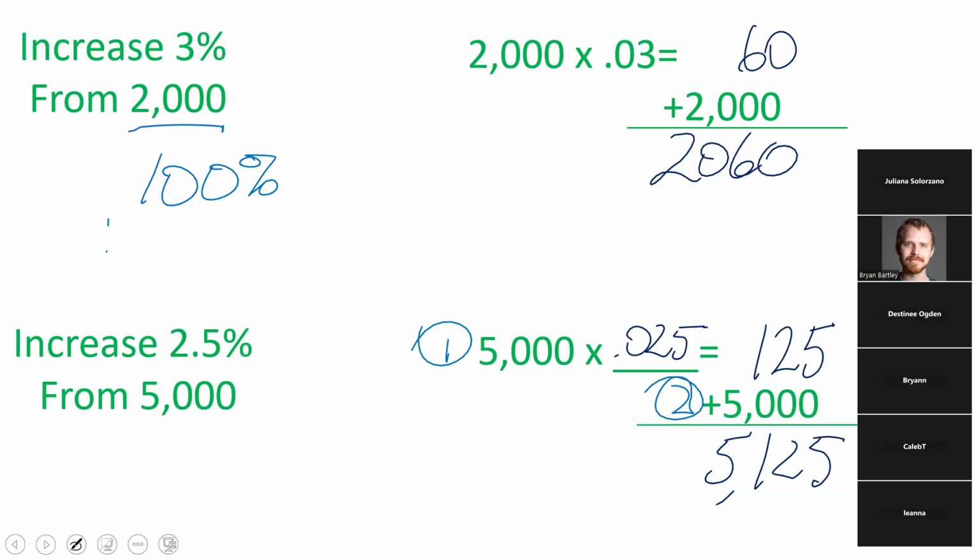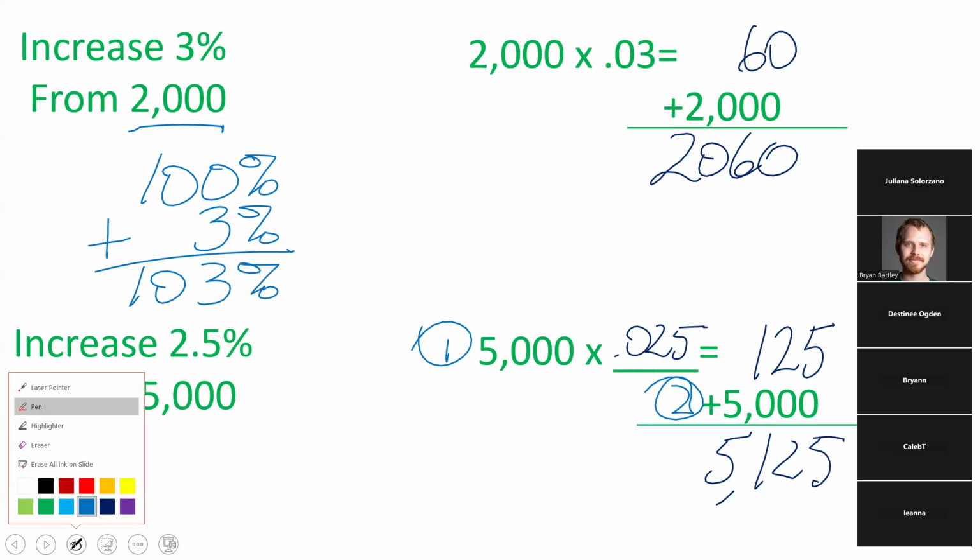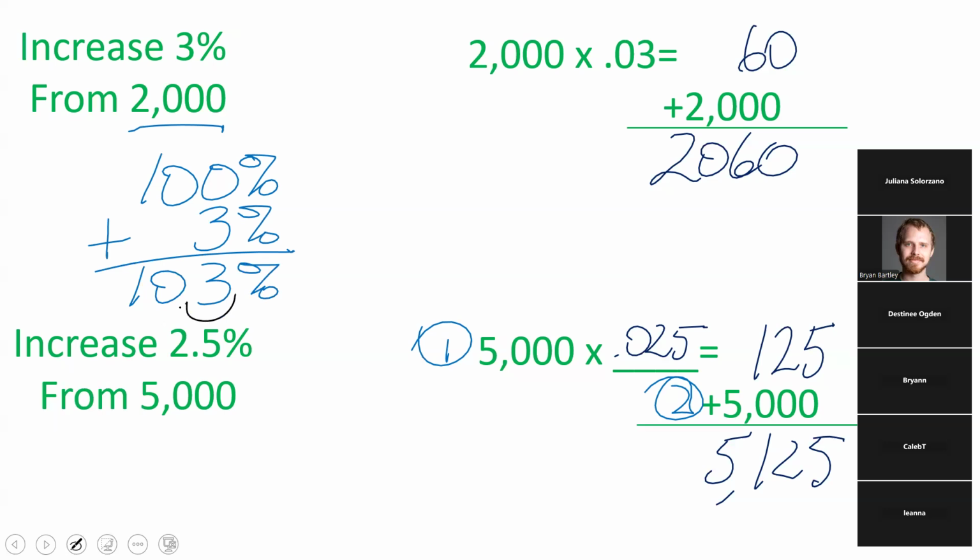Now, if we want to add 3%, what is my new percentage? 103%. Now, if we move that decimal place over 2, then I get 1.03.